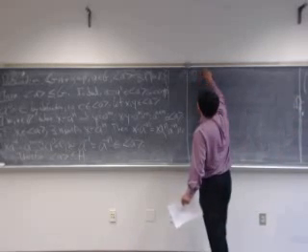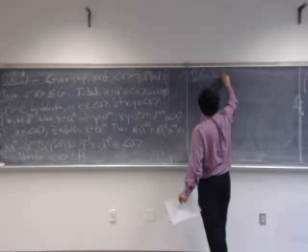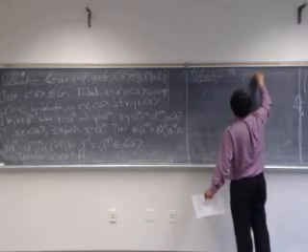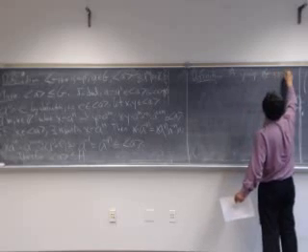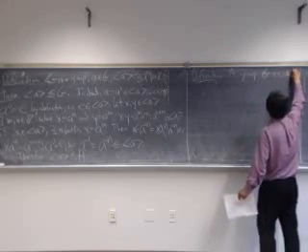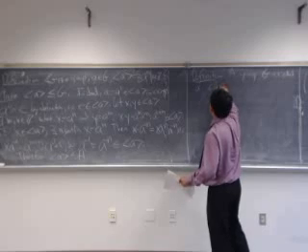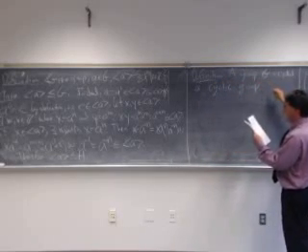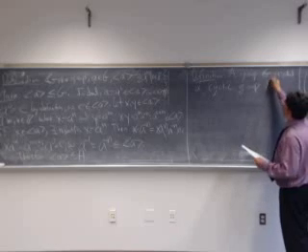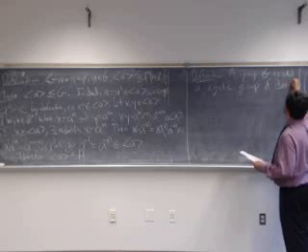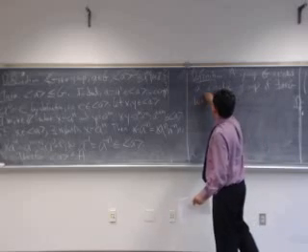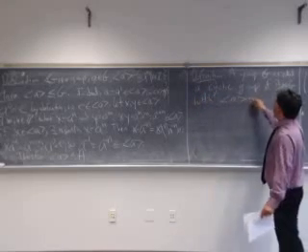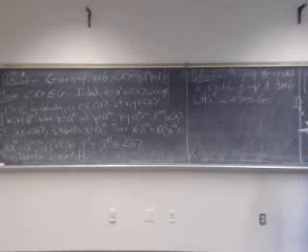We give another definition now of a cyclic group. A group G is called a cyclic group if there's some element a in G where the cyclic subgroup generated by a is the whole group.